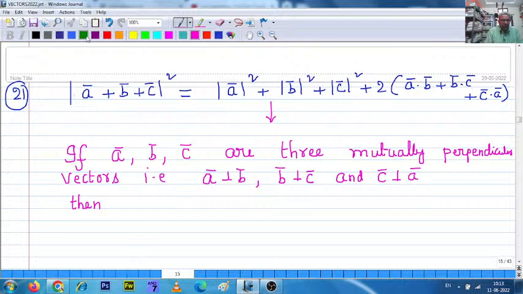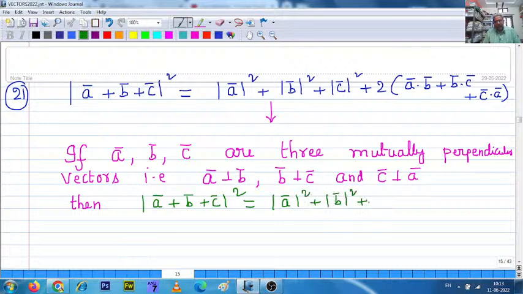So that means, my dear students, remember, mod of A plus B plus C bar whole square is equal to mod A whole square plus mod B whole square plus mod C whole square plus 2 times of, here see, since A bar perpendicular to B bar, A dot B becomes 0.